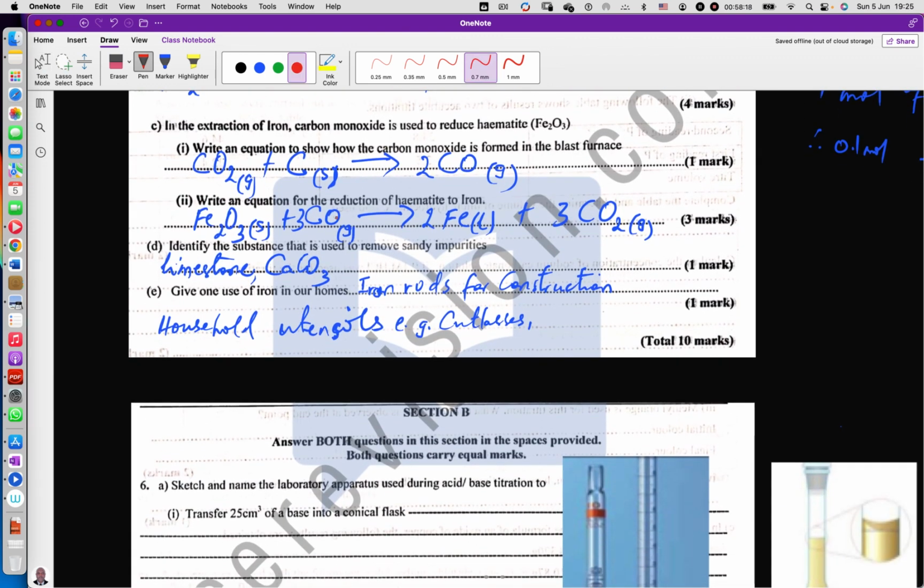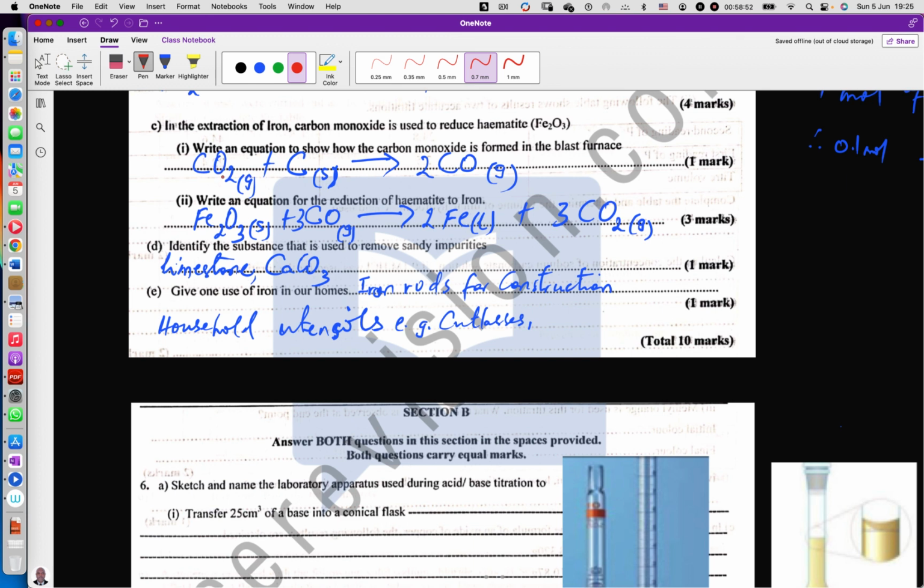Now, in the extraction of iron, carbon monoxide is used to reduce hematite. Hematite is iron(III) oxide. Now write an equation to show how the carbon monoxide is formed in the blast furnace. Carbon monoxide is a reducing agent.